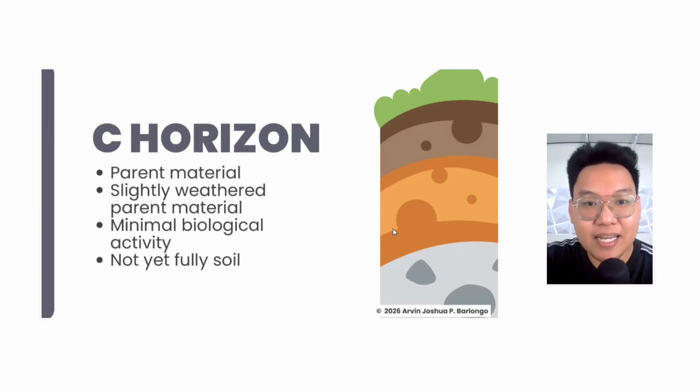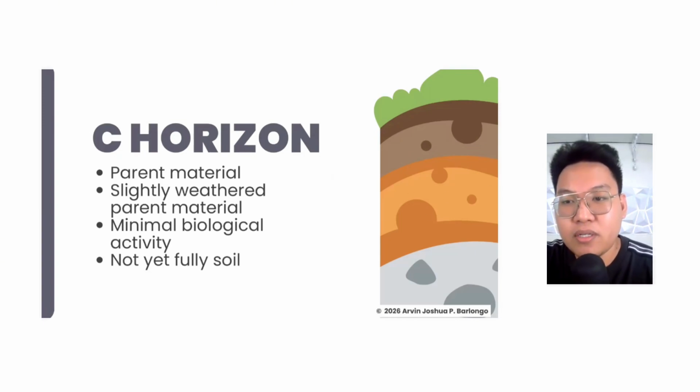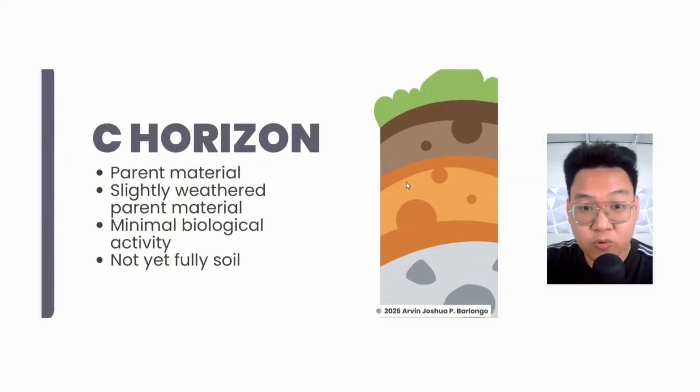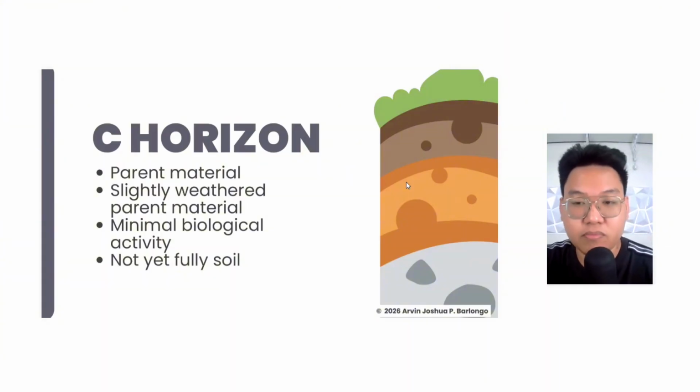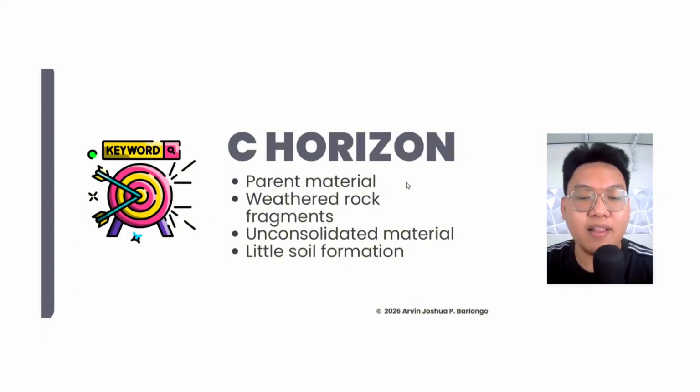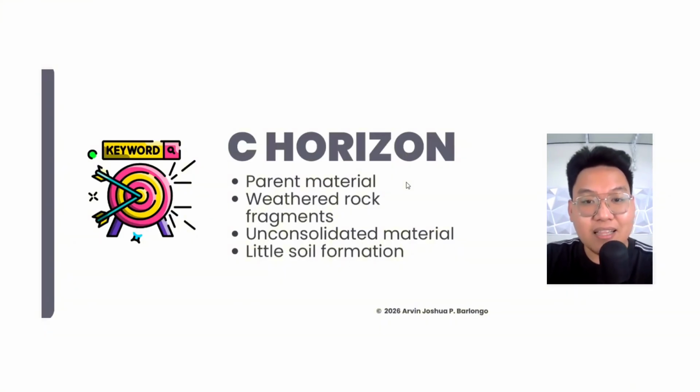So, ang soil lang talaga dyan ay yung A, topsoil, tas yung B, yung subsoil. And of course, yung nasa gitna niya, yung E, ay yung zone of elevation. Ayan. So, itong C horizon, hindi pa siya fully na soil. They are actually composed of weathered rock fragments.